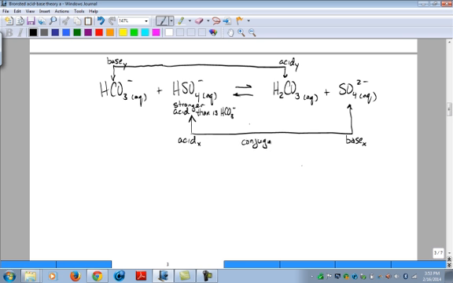So we could just label that conjugate pair X and conjugate pair Y. So that is a basic skill required to continue in this acid-base equilibrium unit.